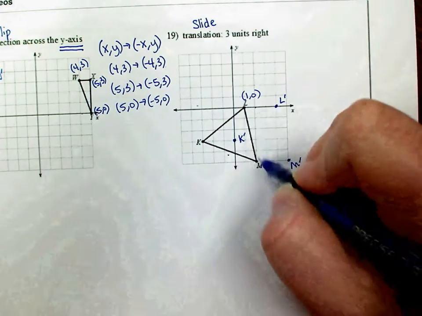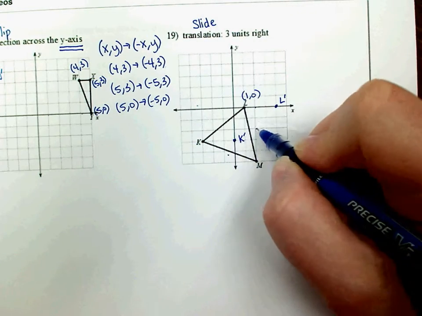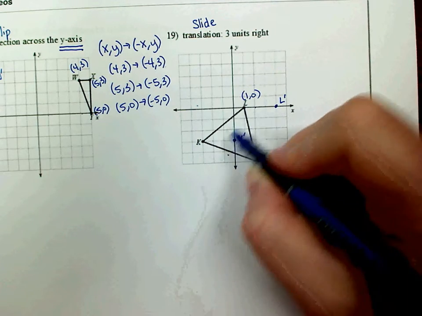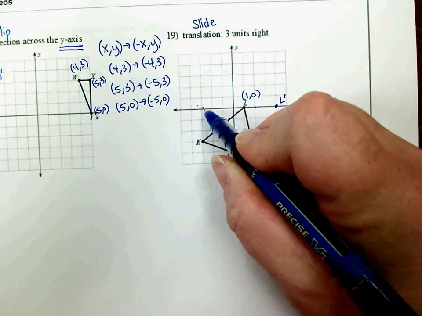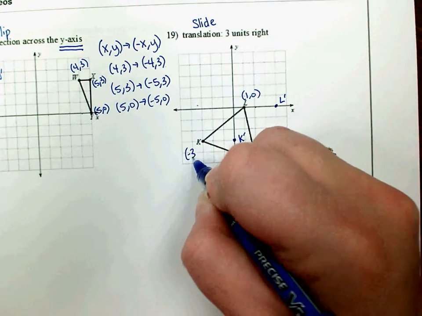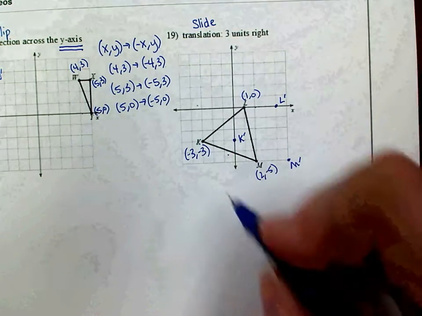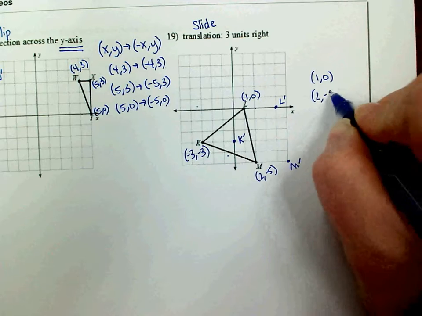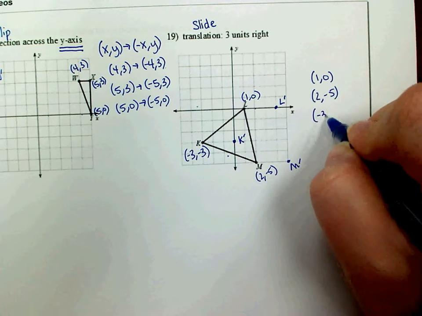M is at (2, -5). And K is 3 to the left and 3 down, so that's (-3, -3). We could take those points in coordinate form and do the translation that way.